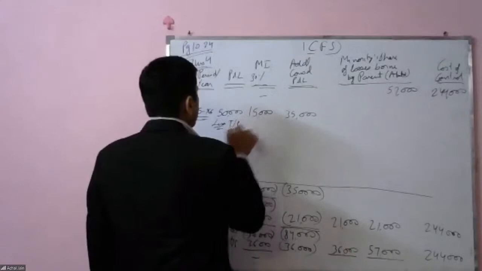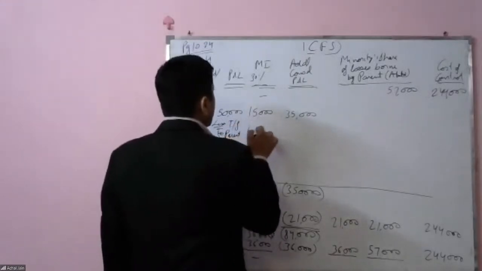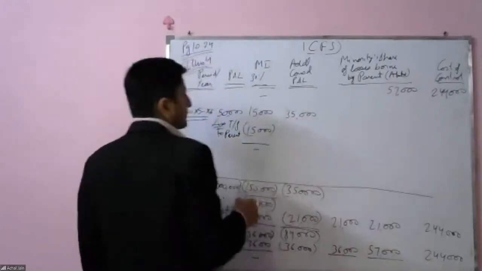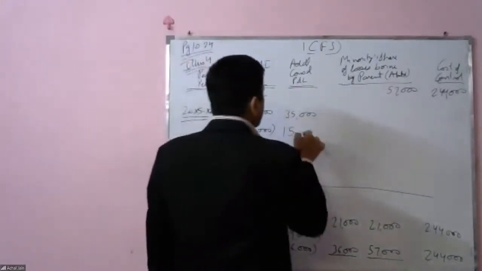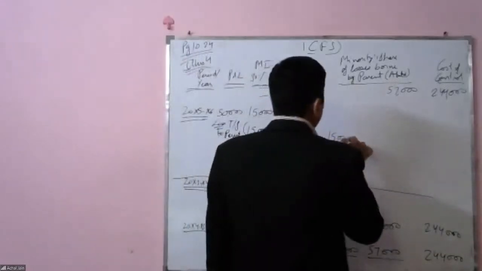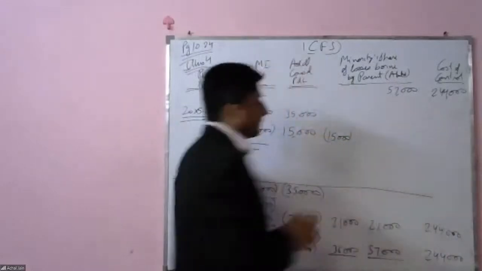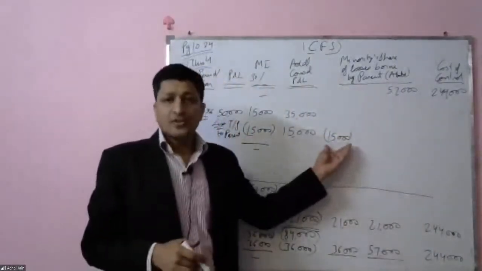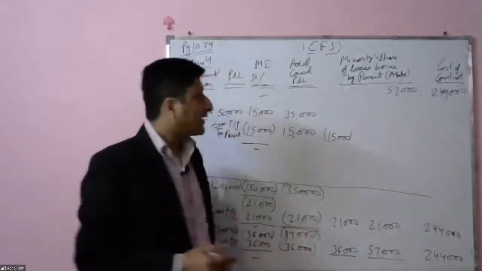Less transfer to parent. So this entire amount will get transferred to the parent. So once again, it will become 0. So this becomes 15,000. And over here, 15,000 will be the negative number. Negative number means because it was accumulation of losses. So if the profit comes, that will be negative.